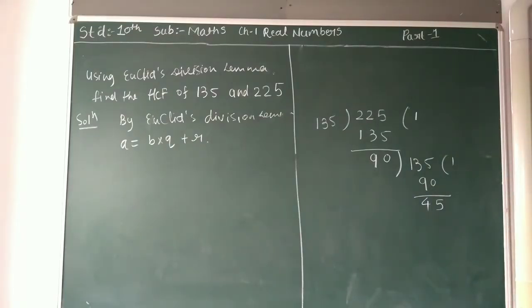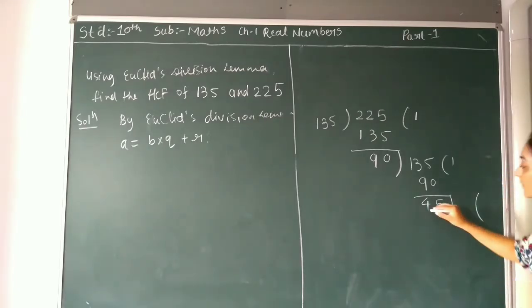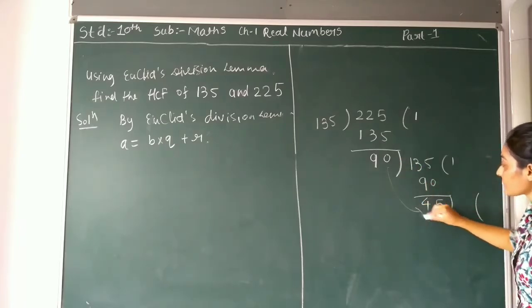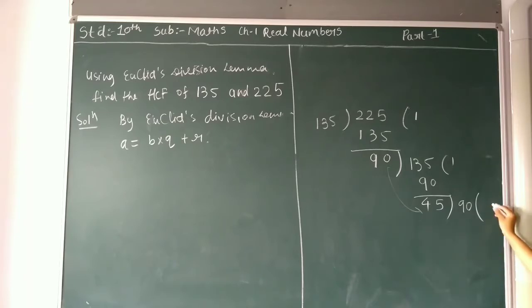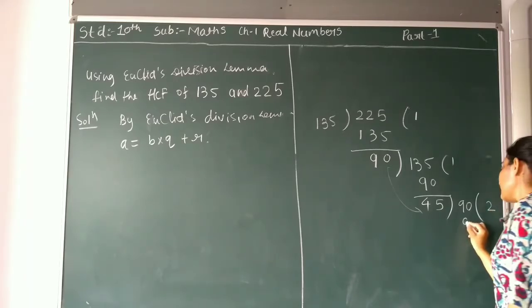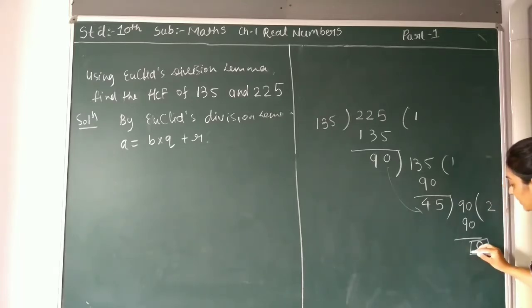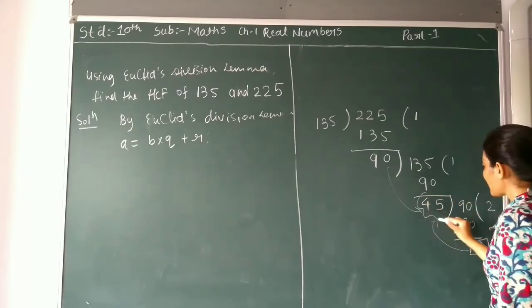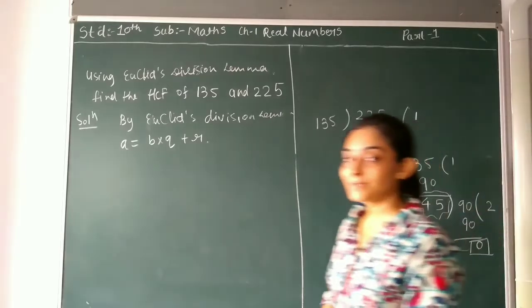Now again we did not get the remainder 0. Again we are going to divide this step by the previous one. So 90, 45 twos are 90. I'm getting the remainder 0. It means that the last step's divisor is my HCF. So 45 is my HCF.